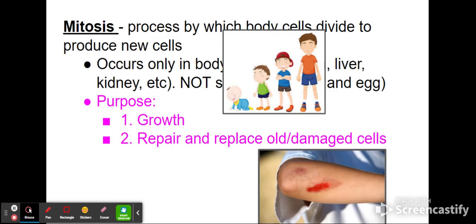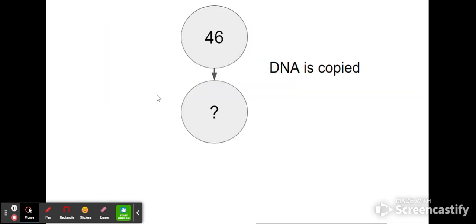So what I would like you to do, you can draw this little drawing next to your definition of mitosis here. So we've got a circle. This is our starting cell. Human cells have 46 chromosomes. They start with 46. So we're going to have a 46 inside of there to represent the 46 chromosomes that you have.